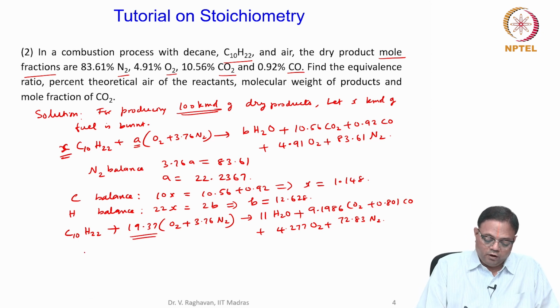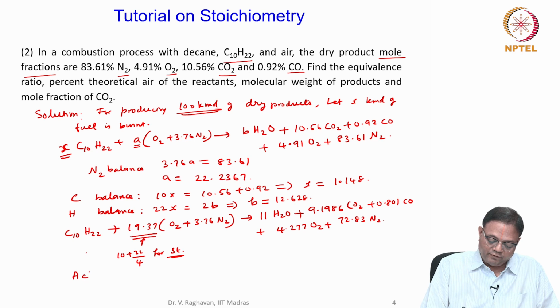Basically, if you want to write the stoichiometric equation for this, the value here can be written as 10 plus 22 by 4 for stoichiometric. Okay, but now we can see this is a difference.